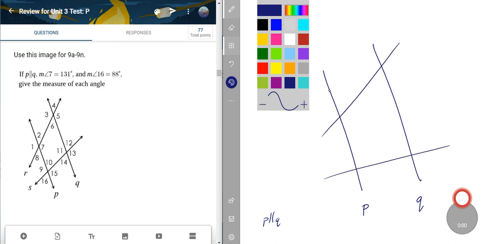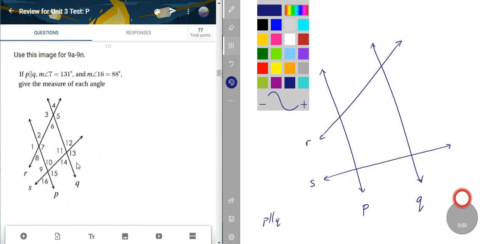And we don't know anything about R and S, but based on how they're drawn, we would assume them to not be parallel. And that would be a good assumption. If it's not told that it's parallel, it's probably not parallel, with the exception of that vocabulary piece at the beginning.